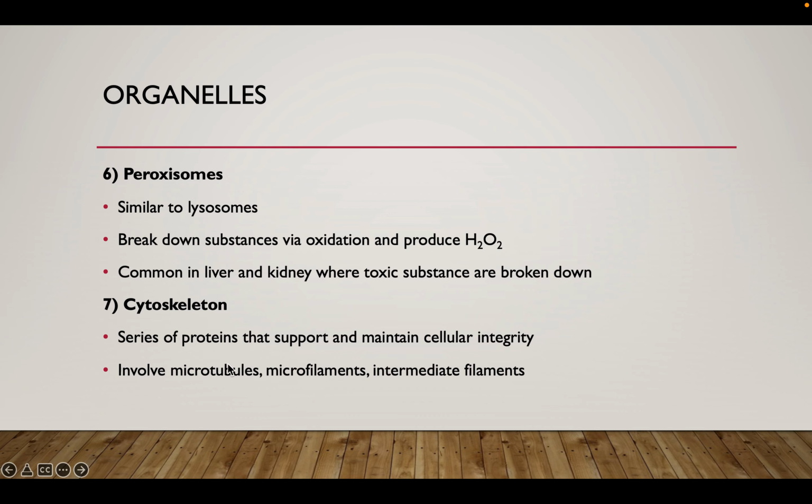Microtubules are the largest of the three, and then microfilaments are the smallest. These are all made of various protein structures that serve to, like I said, keep the cell supported, maintain its rigidity and integrity, as well as help with a little bit of cell movement.